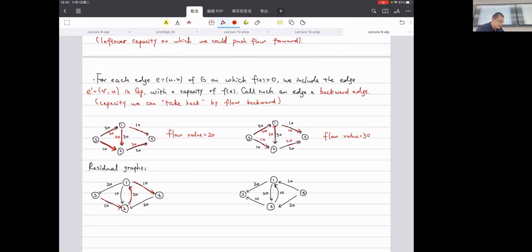This suggests that after having considered this residual graph, there is an ST path on it, which means we are going to further utilize this 10, decrease this value by 10 and increase this value by 10. And this gives us the optimal strategy here.